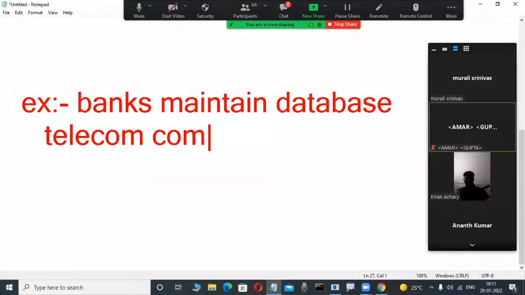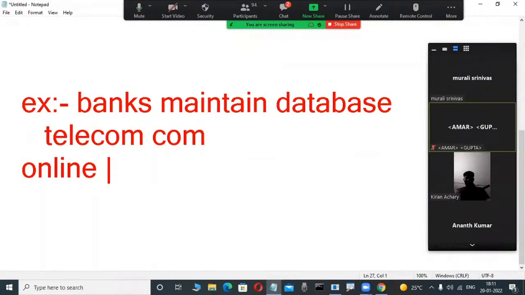Those call details are stored in a database. Nowadays many people purchase items through online shopping portals like Flipkart and Amazon. Those portals also maintain databases, because when you purchase an item, the order number is generated by a database application through the auto increment concept.